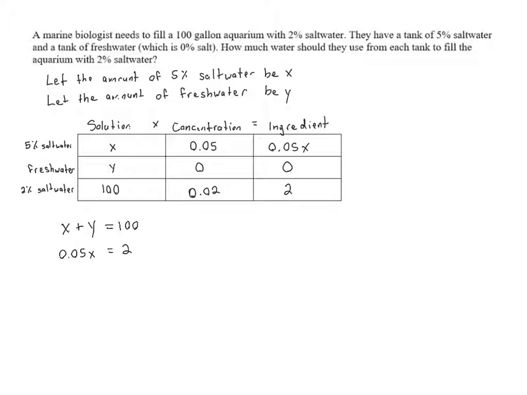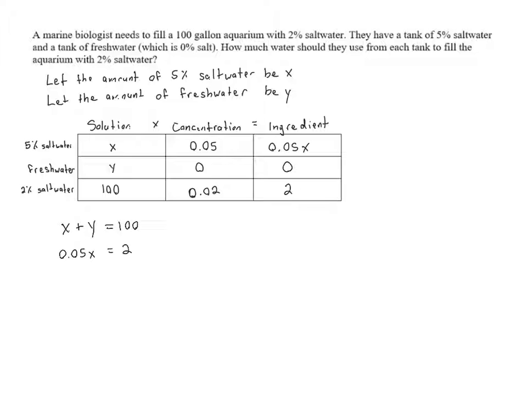And we're going to solve this kind of differently. Before, we would take the first equation and isolate x or y, but if you notice, the second equation only has an x in it. We can solve that for x by dividing both sides by 0.05.